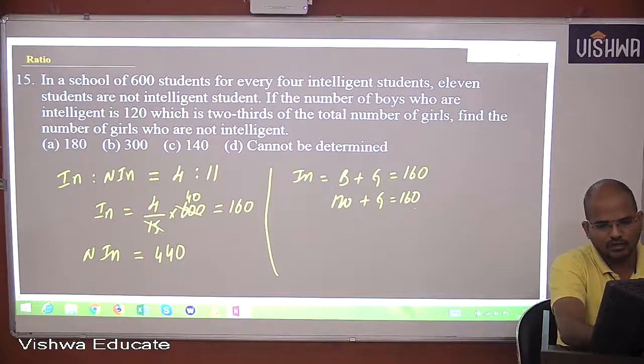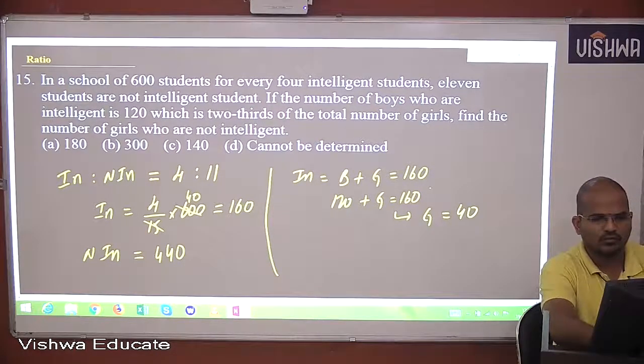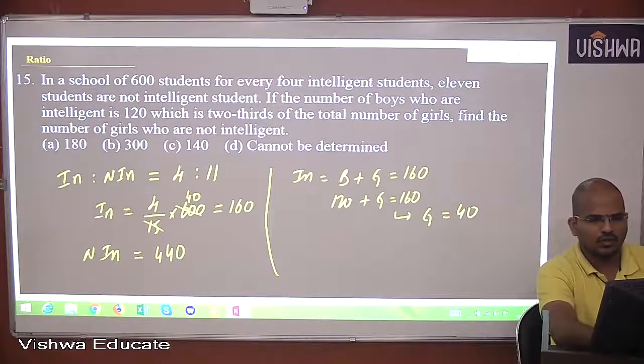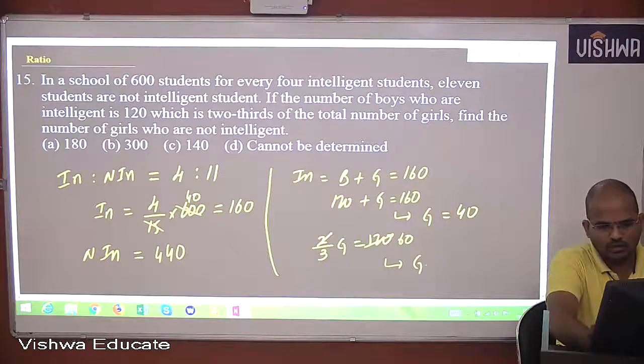It means that only 40 girls are intelligent, which is 2/3 of the total number of girls. So 2/3 the total number of girls is 120, so 1/3 is 60. So girls count is 180.